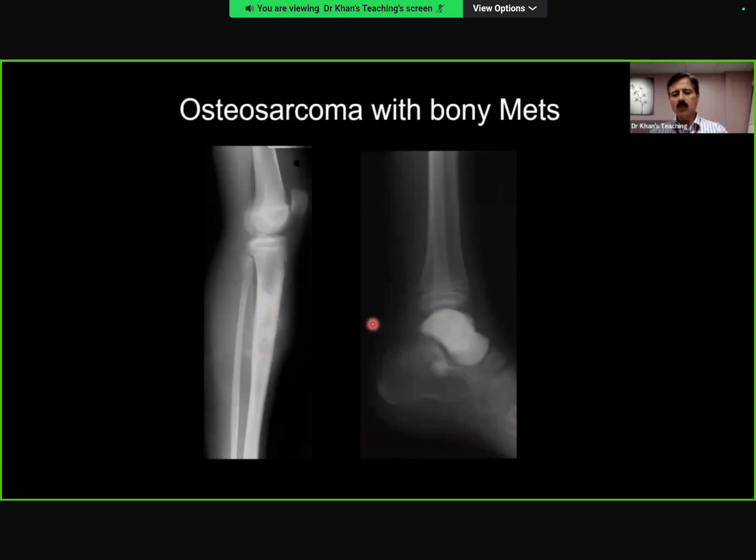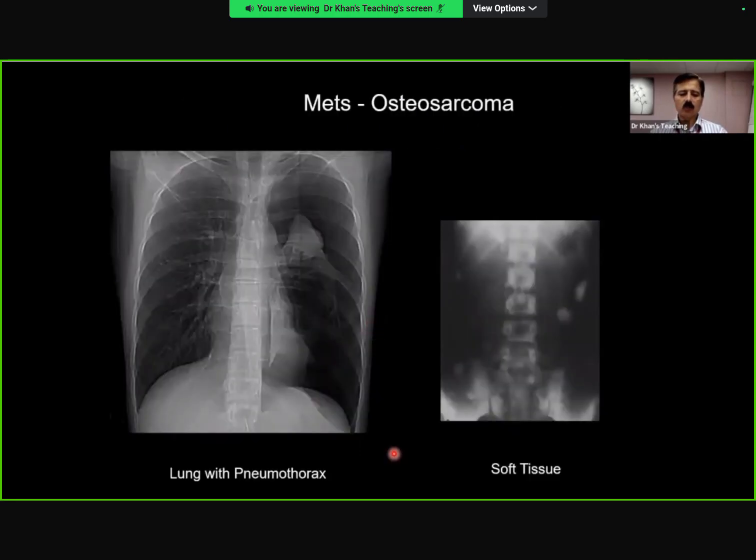Osteosarcomas, and this is for those of you who are sitting your 2As, a classical 2A question. Osteosarcomas, pulmonary or pleural metastases are there, and it will cause pneumothorax. This has come in the exam many a times.